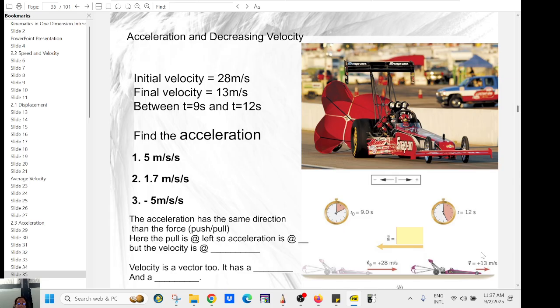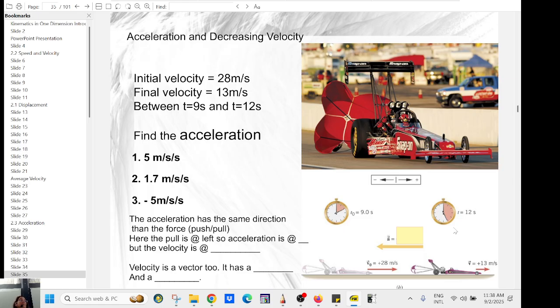Because you do final 13 minus initial 28, divided by the time elapsed, which is 3. So final 13 minus 28 divided by 3 is going to be -5.